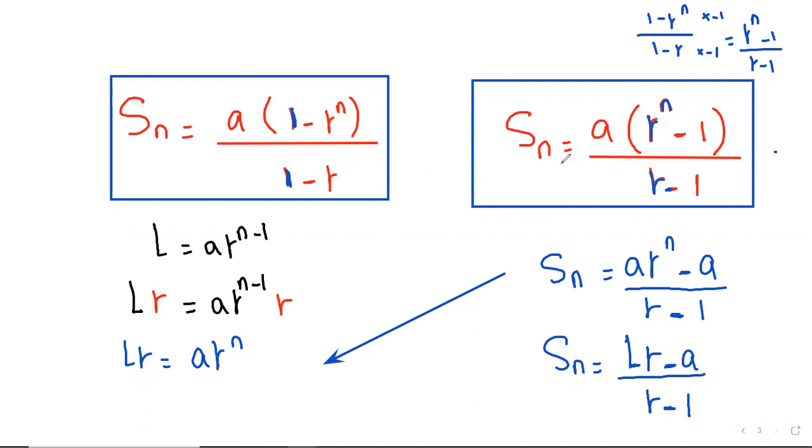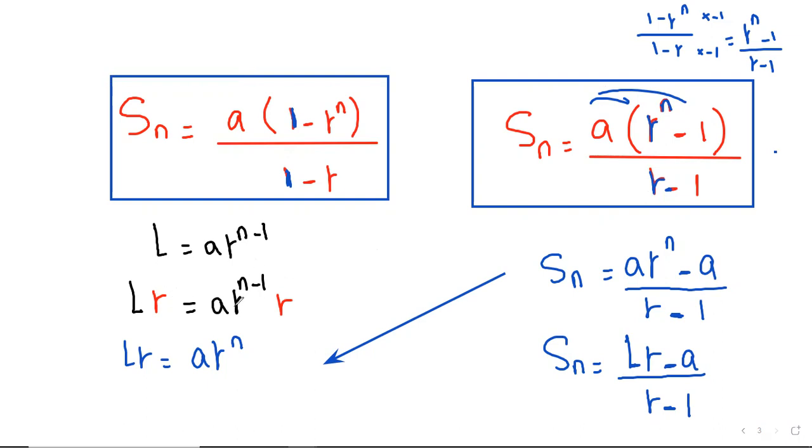Okay. What if we expanded A multiplied by R to the power of N? So it will be A R to the power of N minus A, over R minus 1. You know that the last term L is A multiplied by R raised to the power of N minus 1.